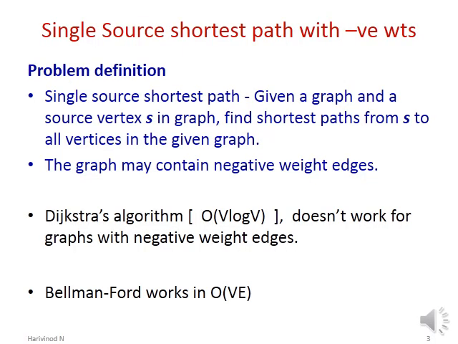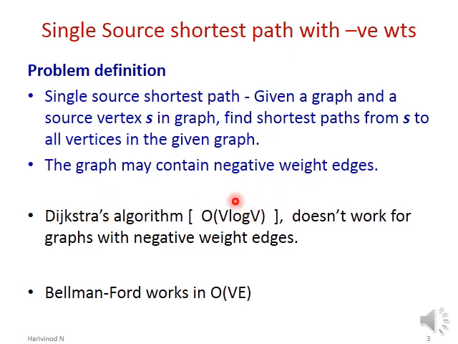Problem definition is as follows. Given a graph with source vertex, let us say S, we are supposed to find out the shortest path to all other vertices. This problem is solved by Dijkstra's algorithm, but here the difference is that the graph may contain negative edges also.